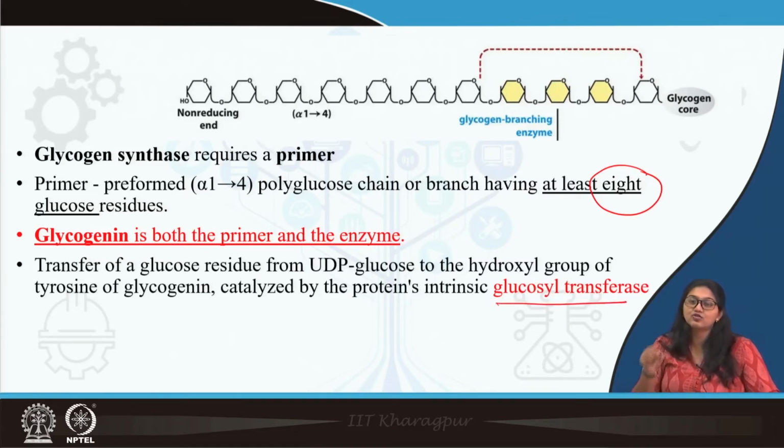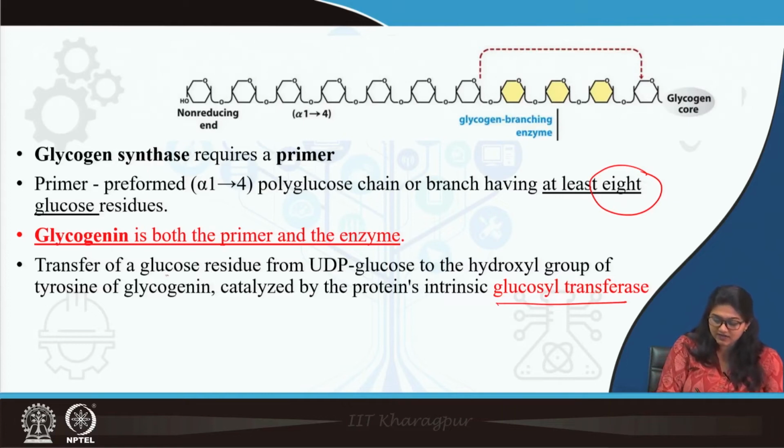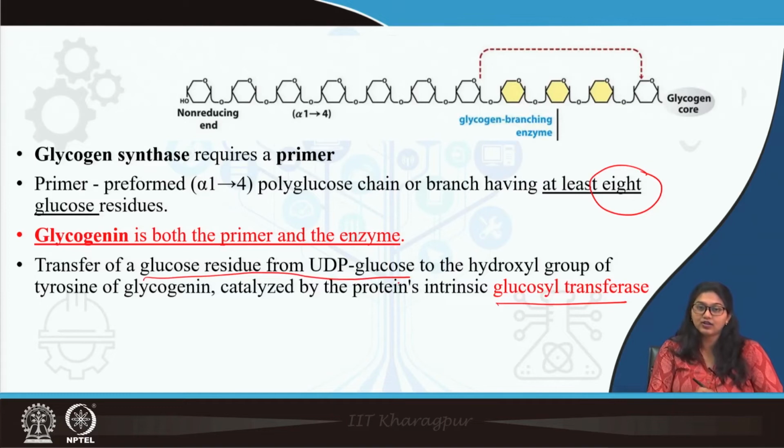But remember, this glucosyl transferase is the intrinsic activity of glycogenin only. So, basically this protein has another function, the function of glucosyl transferase. So, it can activate the glucosylation on its own. So, basically there is transfer of glucose residues from UDP glucose over this glycogenin.